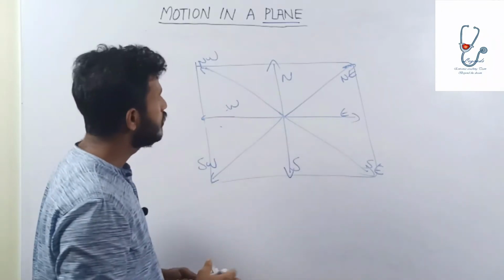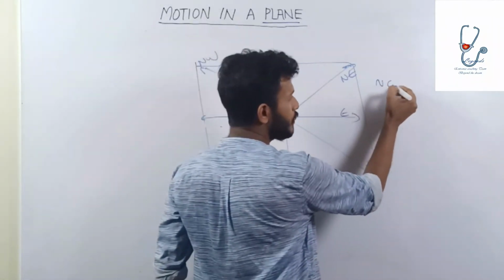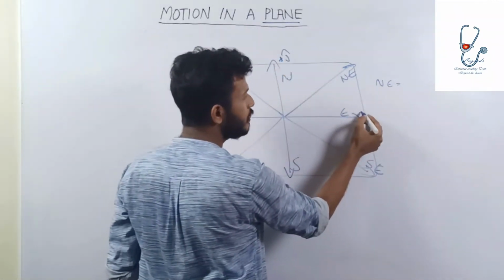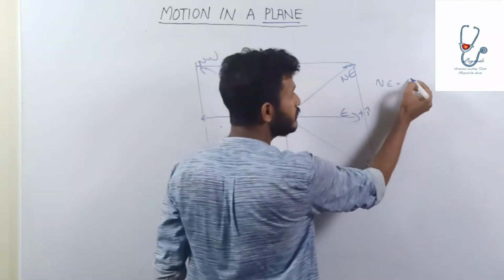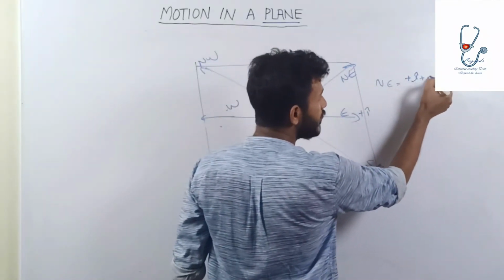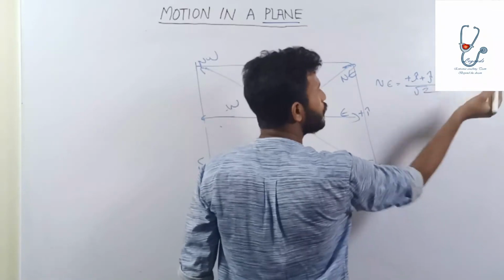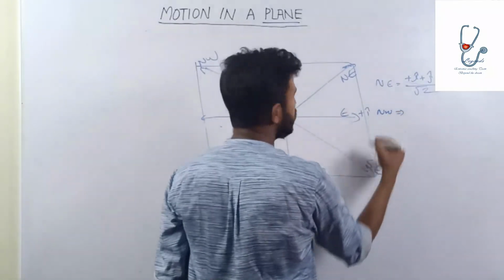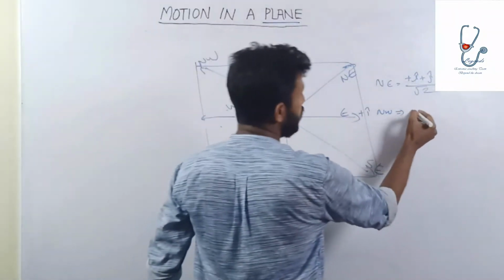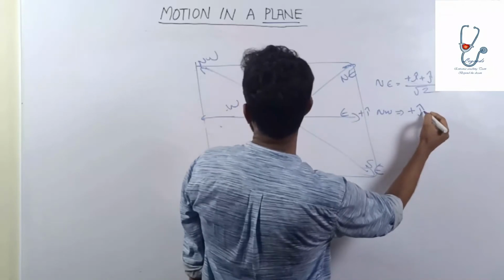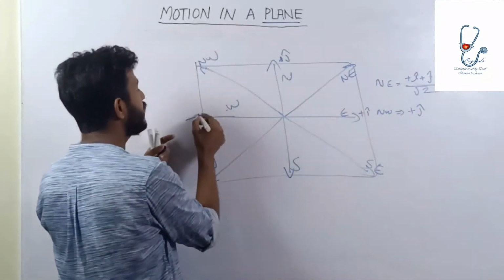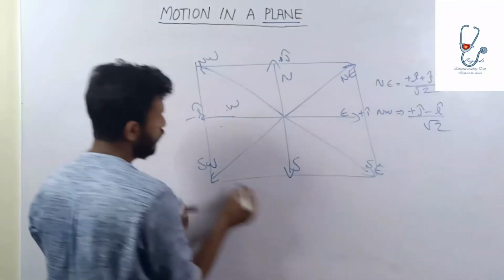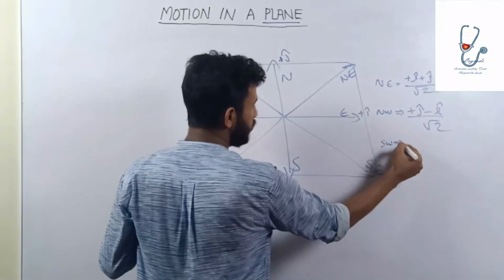So please listen. For the northeast direction, what is north? Plus j cap. What is east? Plus I cap. So northeast is plus I cap plus j cap by root 2. What is northwest? North is plus j cap, west is minus I cap, so northwest is j cap minus I cap by root 2. What is southwest?